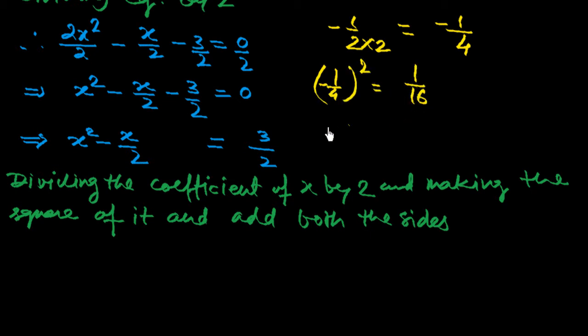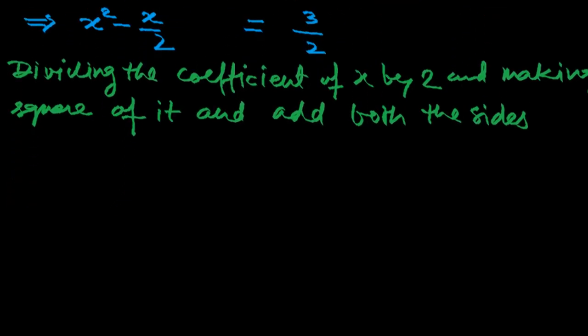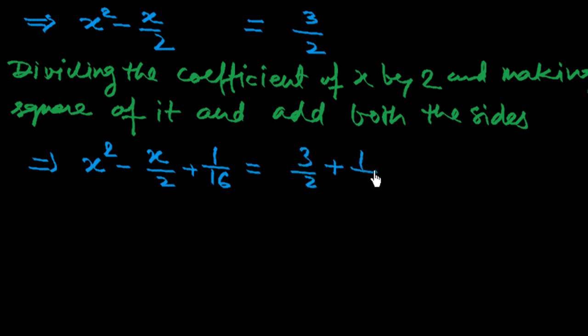This 1 by 16 we have to add to both the sides. So we get x square minus x over 2 plus 1 over 16 is equal to 3 over 2 plus 1 over 16, by adding the same thing to both the sides.